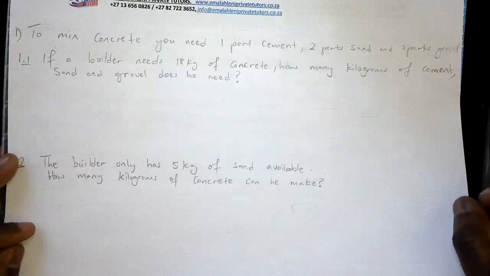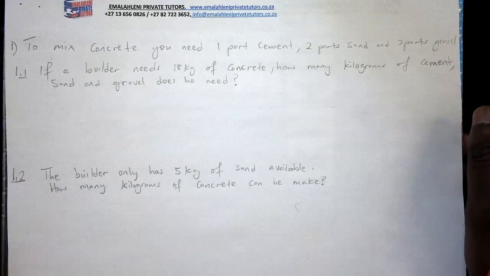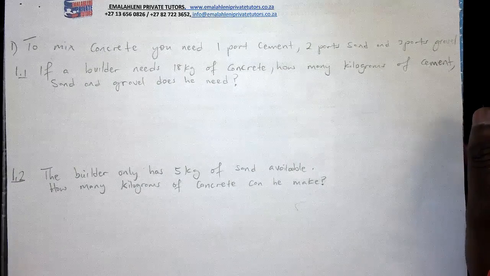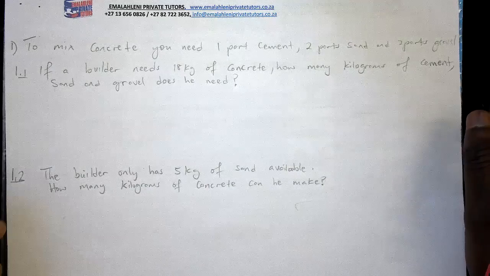Now, the first question says, to mix concrete, you need 1 part cement, 2 parts sand, and 3 parts gravel. If a builder needs 18 kg of concrete, how many kilograms of cement, sand, and gravel does he need?